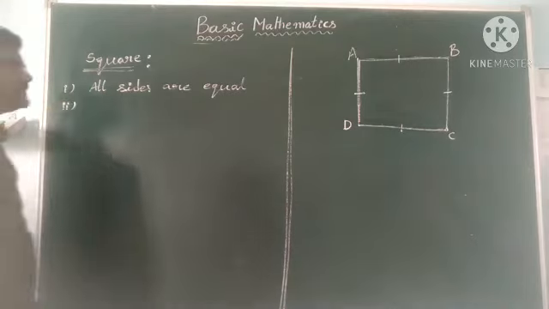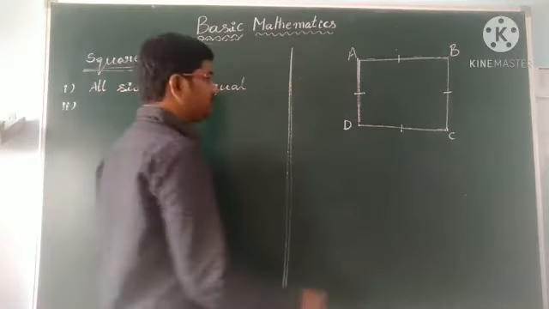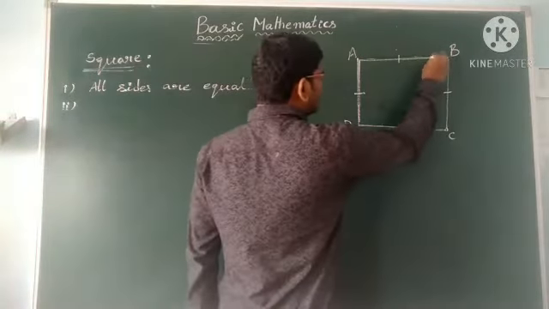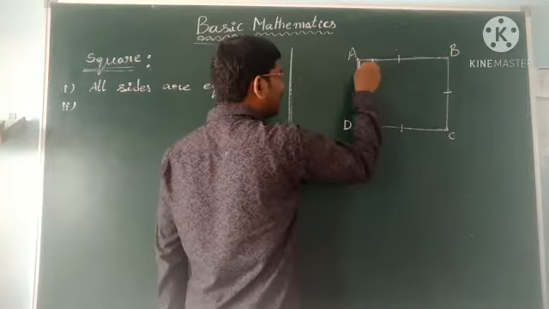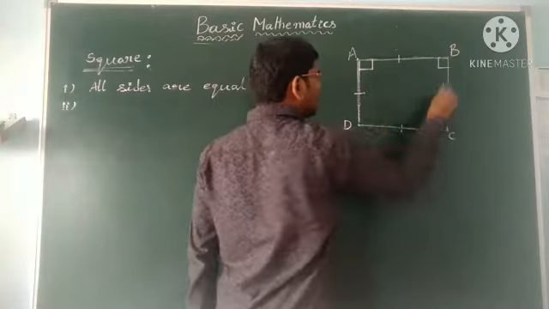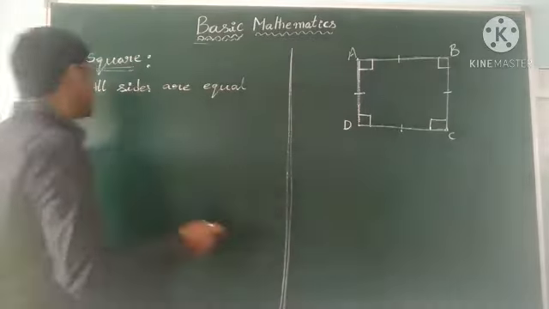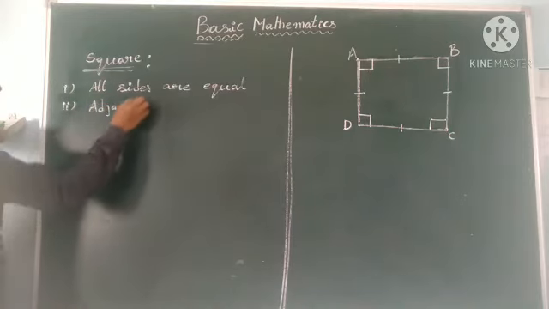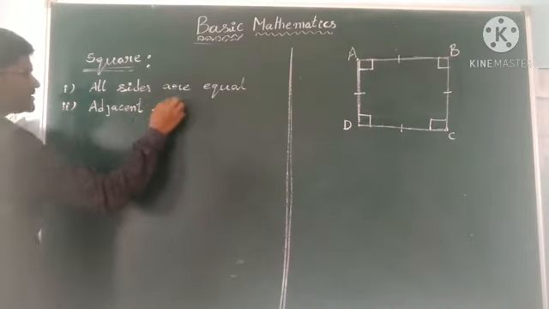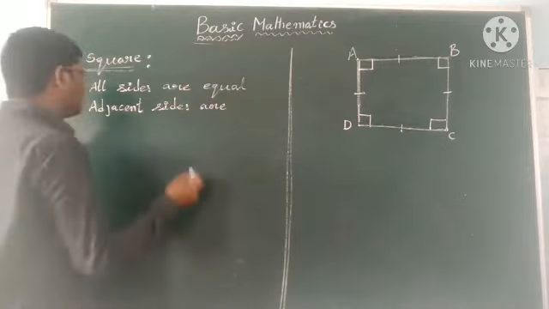And the second point: adjacent sides are perpendicular to each other. Adjacent sides means the nearest sides. So these two sides are perpendicular to each other, and these two sides are also perpendicular. So what will you write, students?